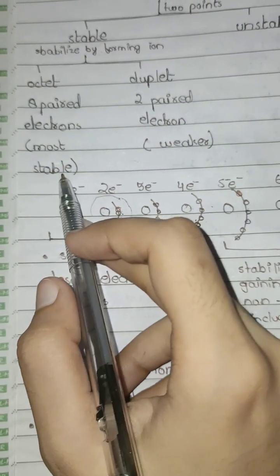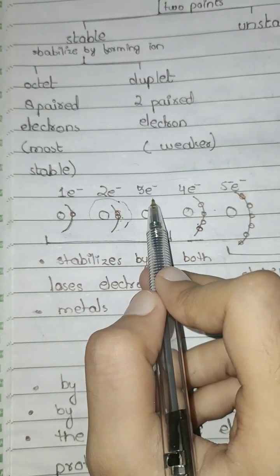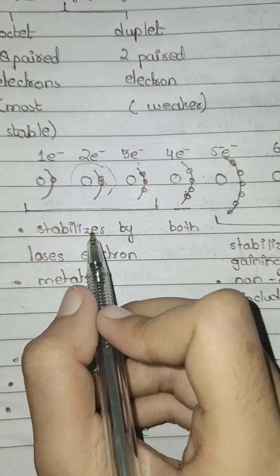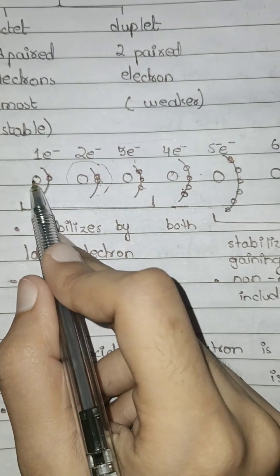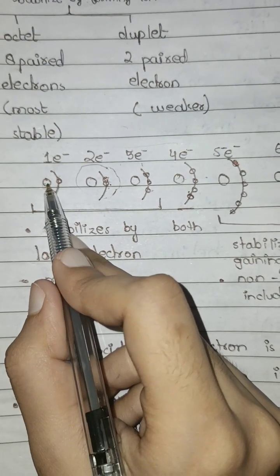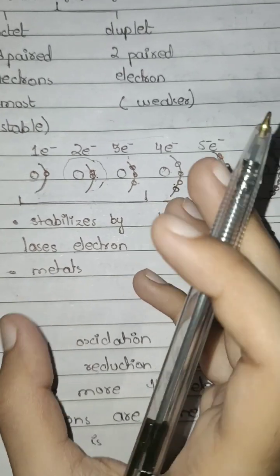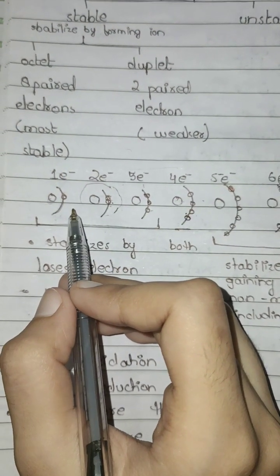Atoms which have 1, 2 or 3 electrons in the valence orbit are called metals, and they always lose electrons because the protons do not have a proper force on them, so the electrons will be lost.